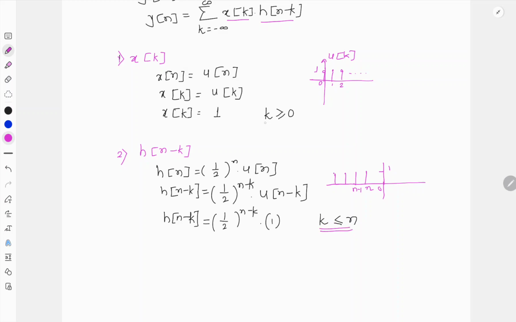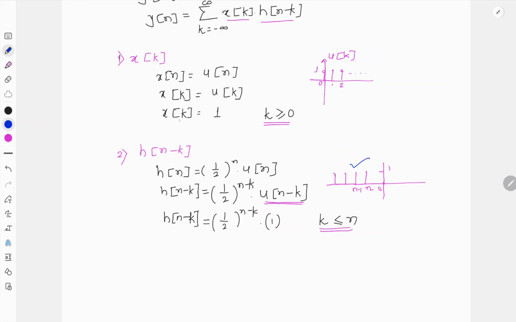For the first case, since the input was u of n, we easily obtained the limit of k as greater than or equal to 0. But for the upper limit, using u of n minus k, we have to carefully obtain the limits of k. So u of n minus k is 1 for k less than or equal to n. This can be easily seen from this particular diagram.